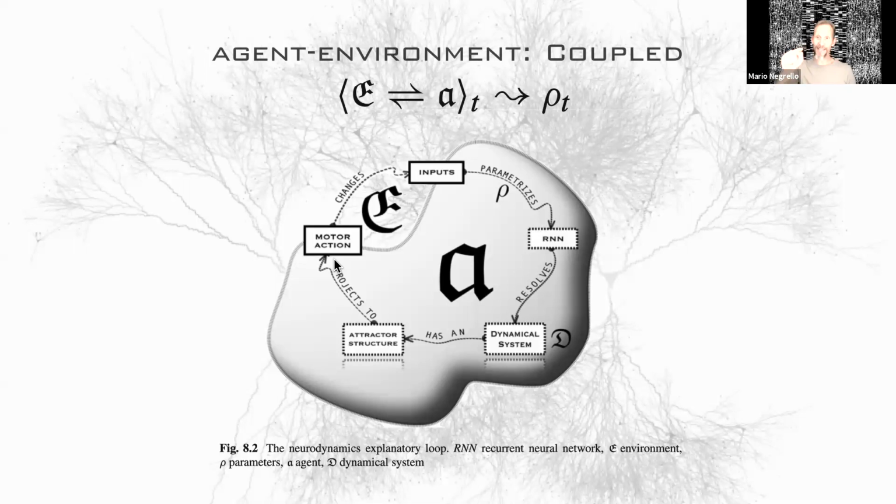The agent environmental loop is a coupling between the agent and its motors and the agent and its sensors via its brain. It's a way to conceptualize what brain processing actually is. It's a metaphor, but a pretty good one.